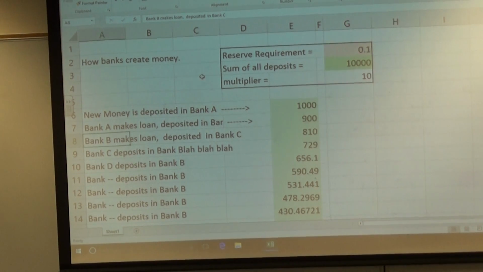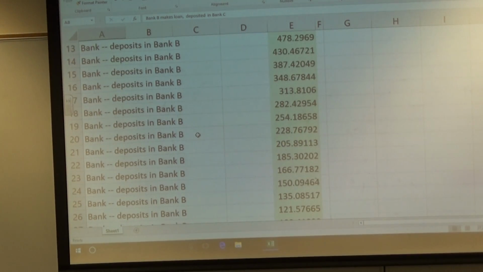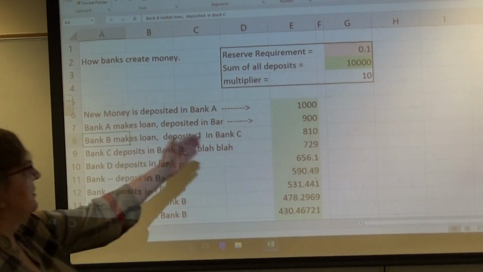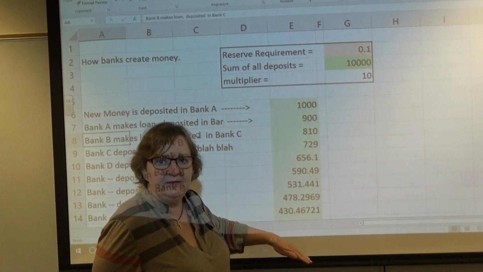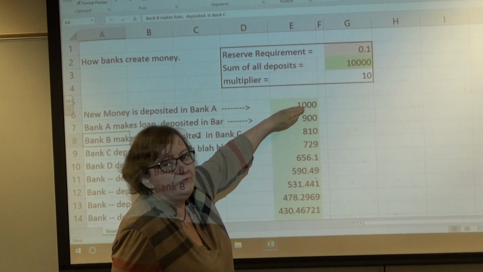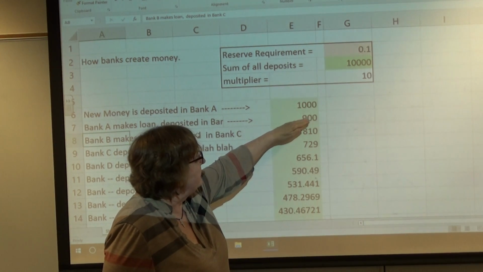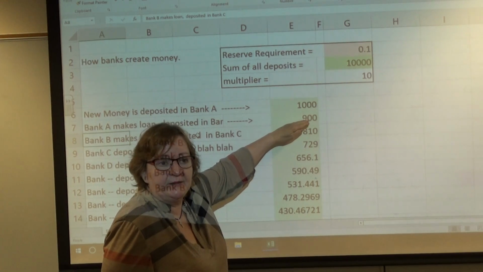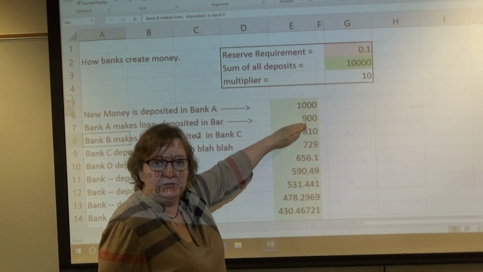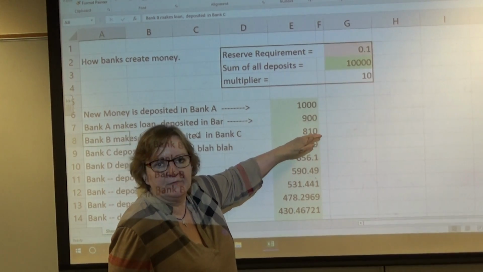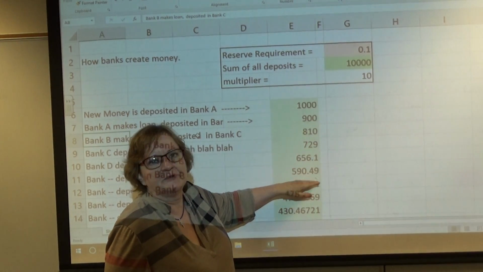Okay, now this just keeps on going until you get all these banks making money because they started out with $1,000 of new dollars, but banks made loans and it was deposited somewhere, and another bank said, we got a new deposit, we can make a loan. They make a loan, and it's a little bit smaller every time because each one has to keep 10% of deposits.